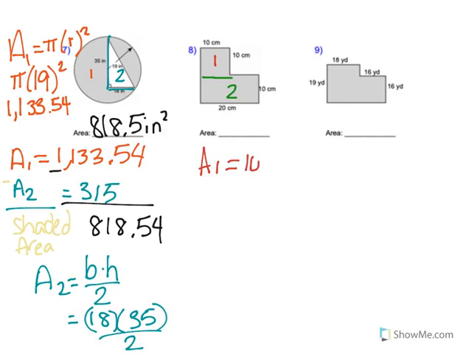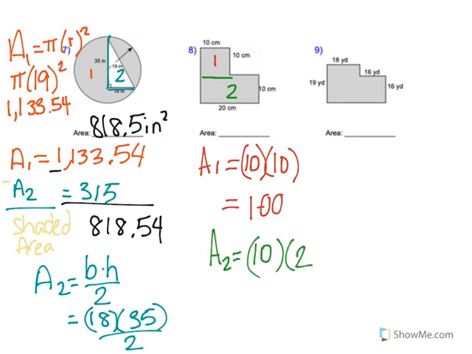So the area of the first shape is going to be 10 by 10, which is an area of 100 square centimeters, as opposed to the area of the second shape, which is a 10 by 20 rectangle, and that will give us the area of 200 square centimeters.